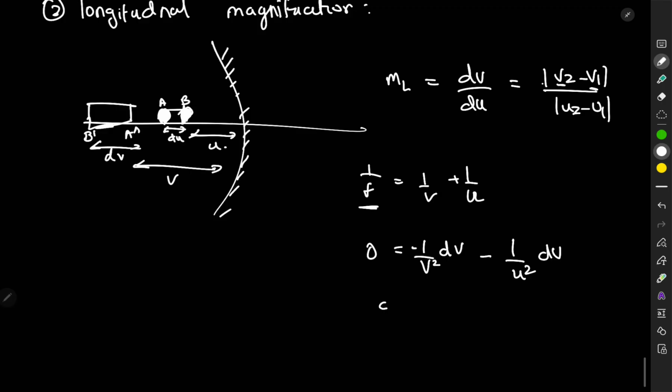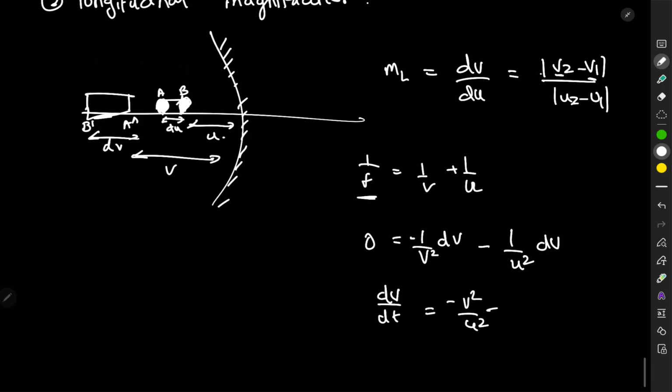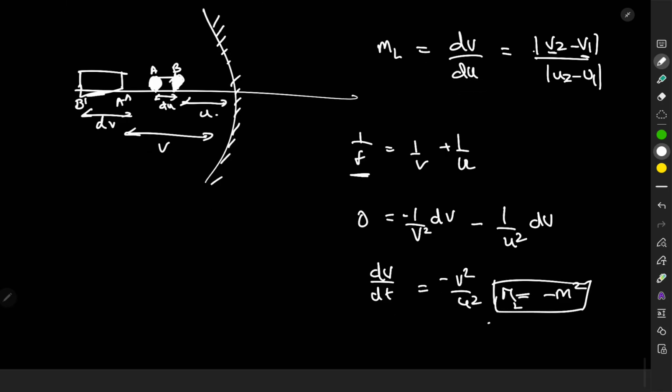Now we need to find dv/du = -v^2/u^2, okay. This we have seen somewhere else, right? Which is the magnification squared, which will be the longitudinal magnification, right? Okay, fine. Let's go for superficial magnification.